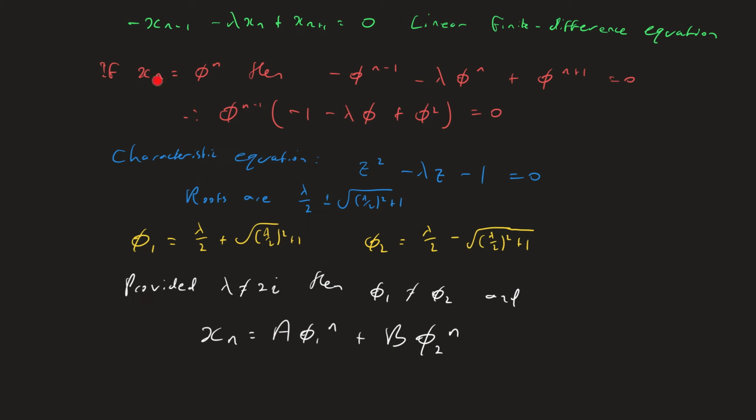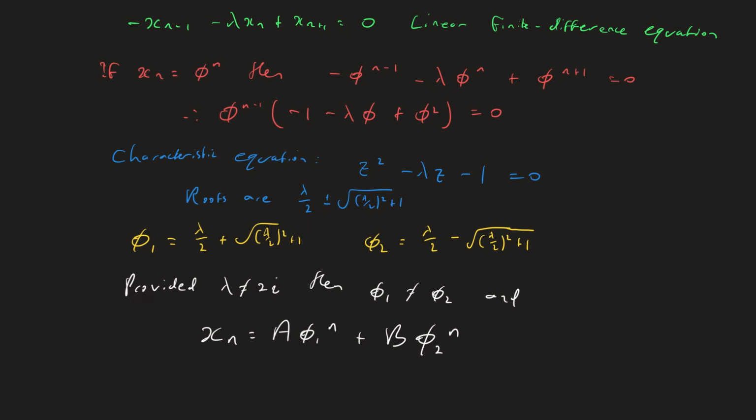We ask if there are any solutions of the form xn is equal to some fixed scalar to the power of n. If there is such a solution, then it must satisfy this equation here, obtained simply by substituting this into here. This is true, by the way, for little n being equal to any integer.